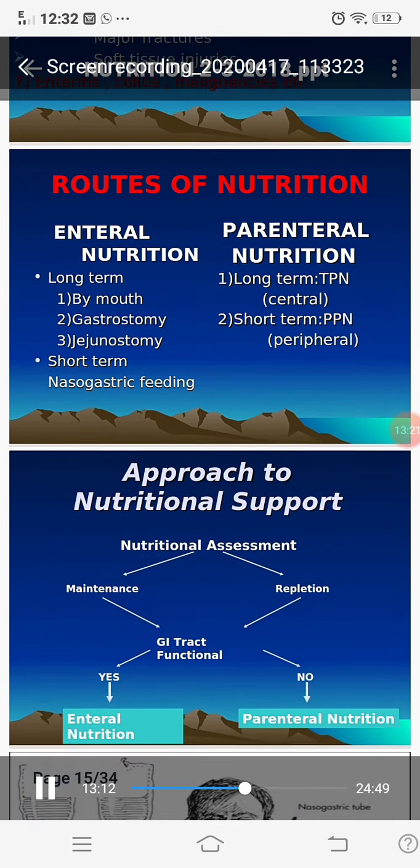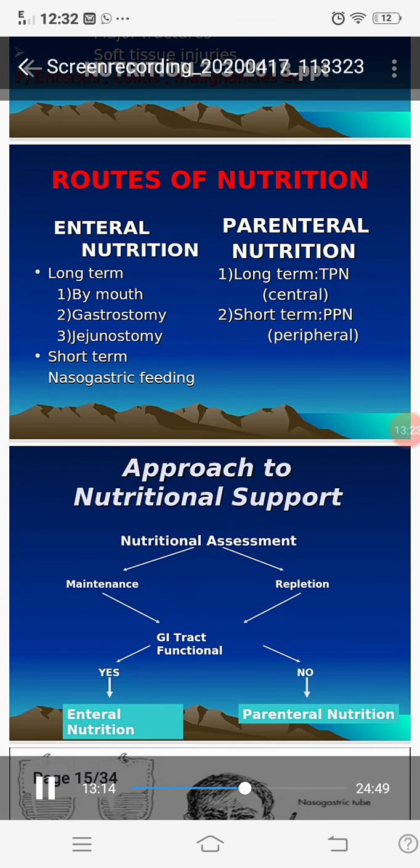So there are two different routes, enteral and parenteral. For enteral long-term routes, you can use mouth, you can use gastrostomy and jejunostomy tubes, short-term nasogastric tubes. For parenteral nutrition, long-term TPN, you use the central lines like subclavian and jugular veins. For short-term peripheral parenteral nutrition, you use the cubital veins, you use the saphenous veins.